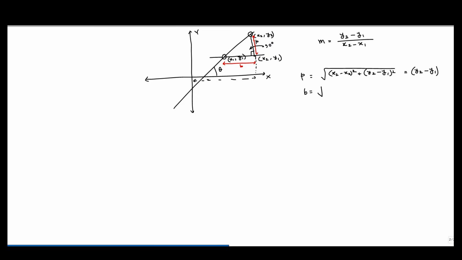Similarly, B will be the square root of x2 minus x1 whole square plus y1 minus y1 whole square, which is nothing but x2 minus x1.